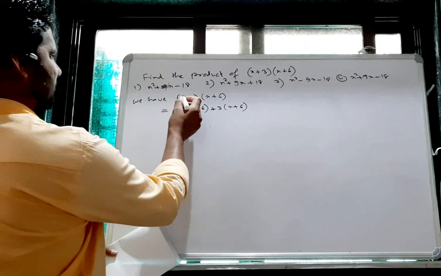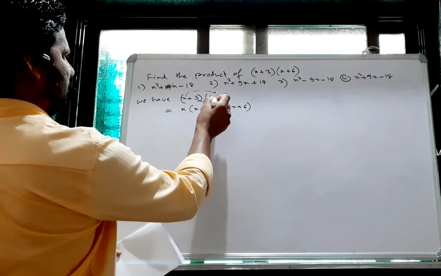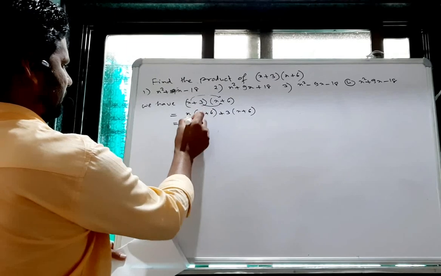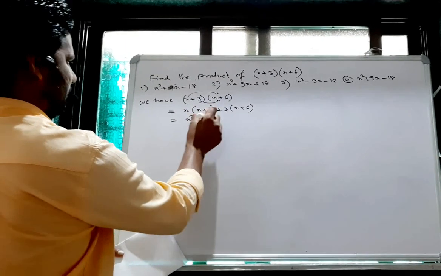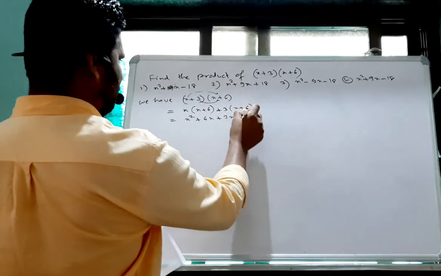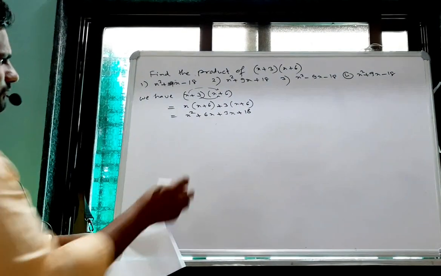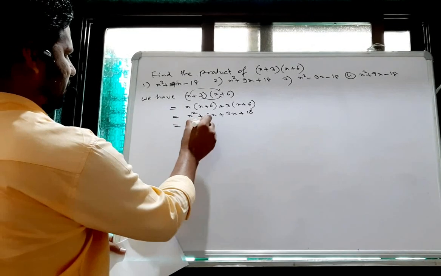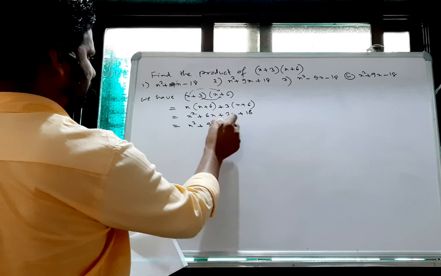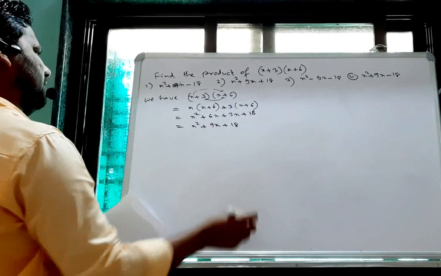So x is multiplied to x plus 6 and 3 is multiplied to x plus 6. It becomes x square plus 6x plus 3x plus 3 into 6, 18. So it is x square plus 3x plus 6x, 9x plus 18. That is the second option.